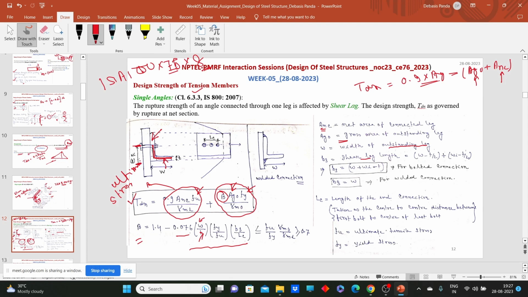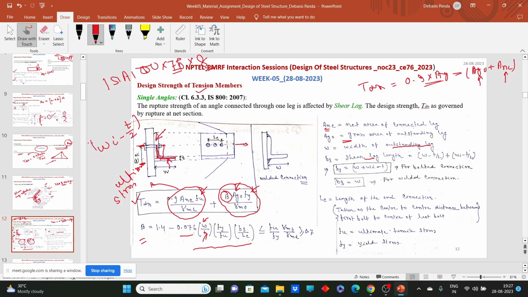This portion, from the center of the bolt to the end of the angle section, is nothing but the edge distance, because my load is applied here. If that is denoted by w1, then to come to the center, the value will be w1 minus t by 2.